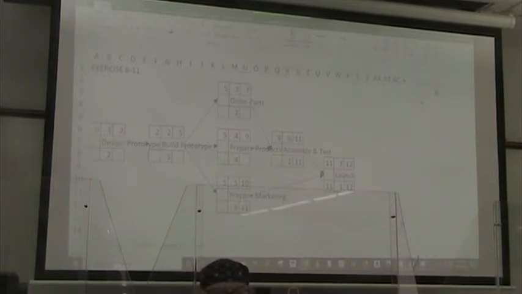Our late start time is going to be equal to our late finish time minus our duration. That means that for, what is that, Q8.